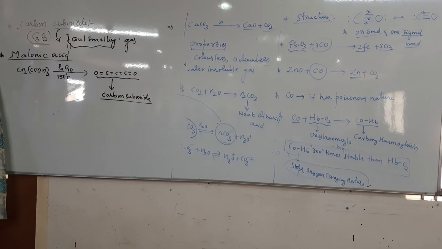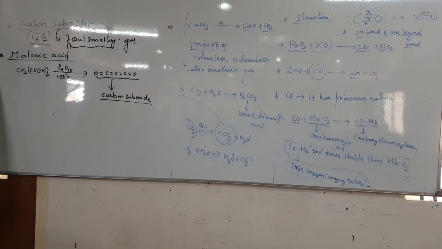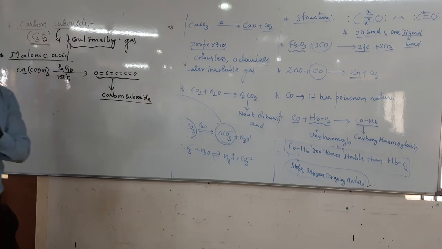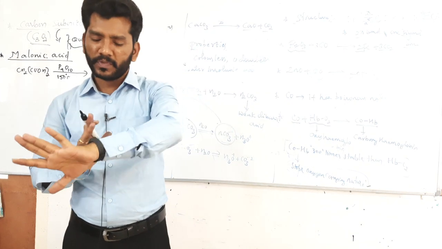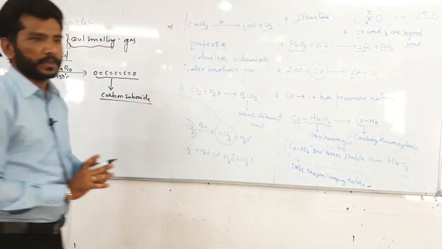So this much information about the oxides of carbon you should know. Clear? Okay, so let us have another most important compound. Oxides of silicon, that is silica, SiO2. Let us talk about that particular compound.